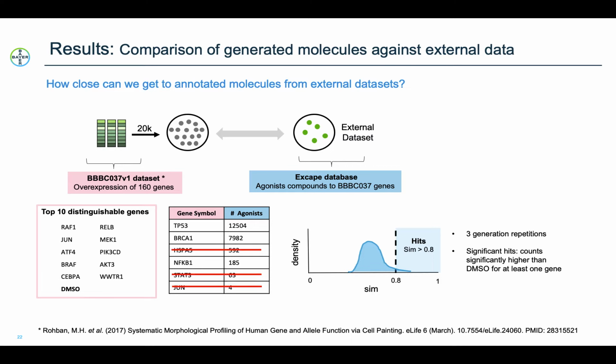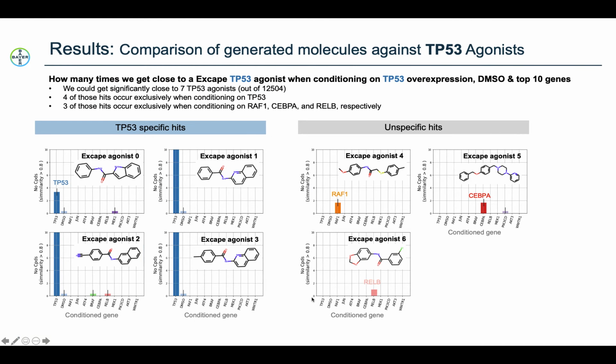All right. And the first result was that we couldn't generate close enough molecules for HSPA5, STAT3, and JUNC. So we could never get higher than a 0.8 similarity threshold, but we could generate some reasonable results for the other 3 genes, which I will present in the next slides.